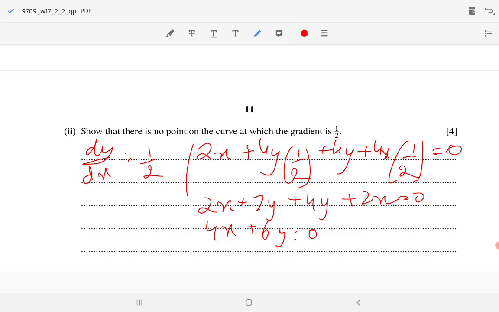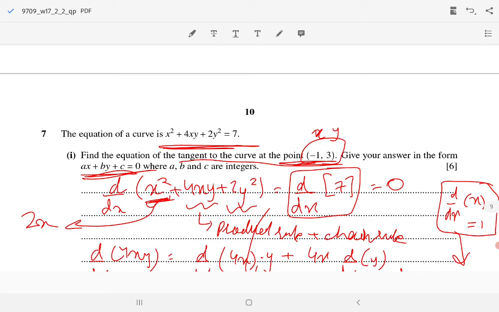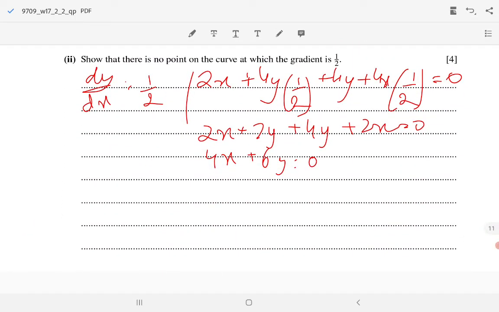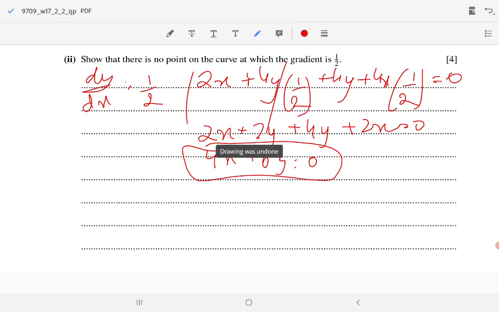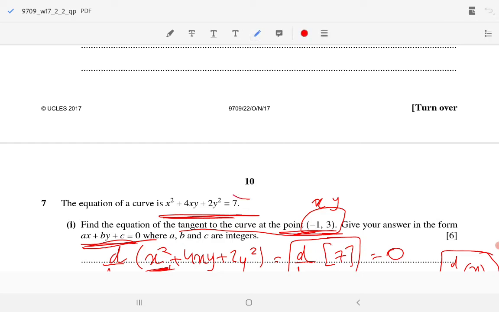Then what we can do is solve this equation and the equation of the curve simultaneously.